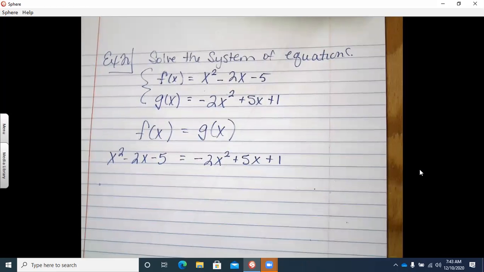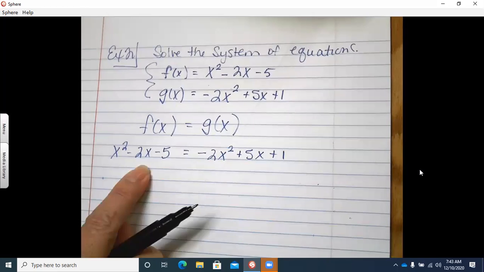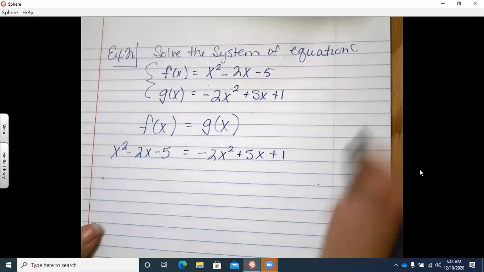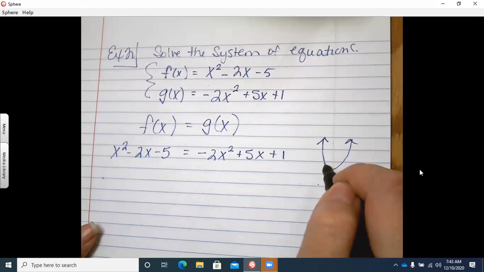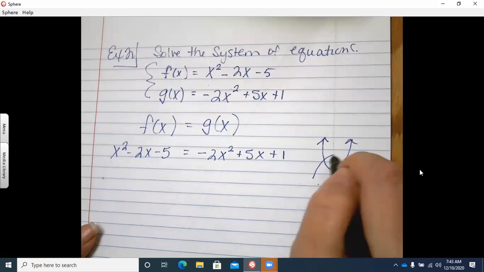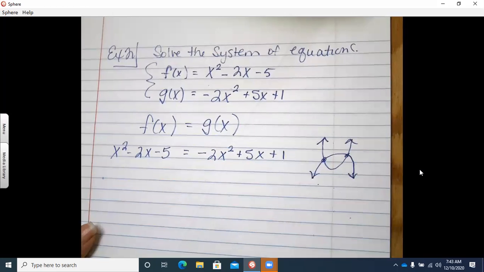So in the last equation, we were doing a line and a parabola, right? This time we're doing 2 parabolas. Well, I know function f is going to open up, and function g is going to open down. So it could intersect 2 times, right? Could it intersect never?